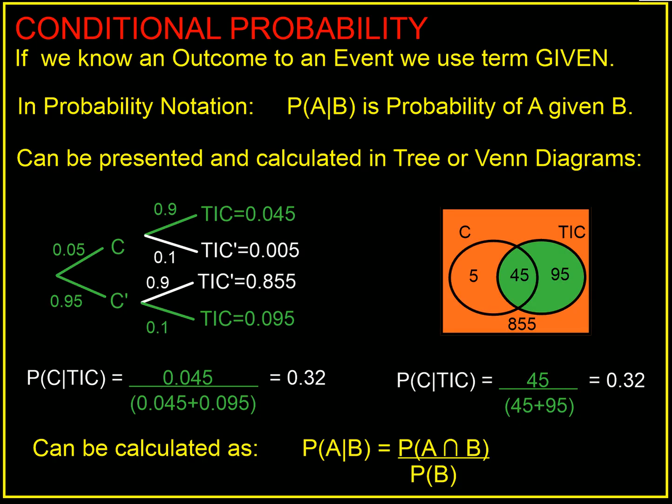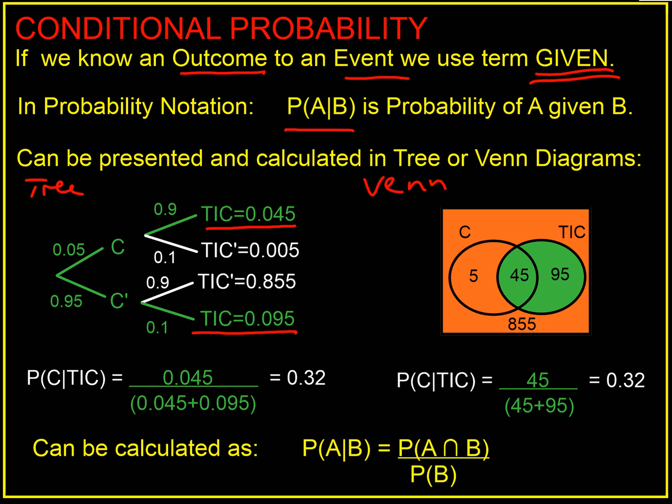So here's my little summary. If we're looking for a conditional probability where we have a known outcome for an event, we're going to use this term given. We use our notation, the probability of A given B. We can work it out either as a tree or as a Venn diagram. And what I would suggest is you indicate the areas you're interested in either by underlining them or using a particular colour.